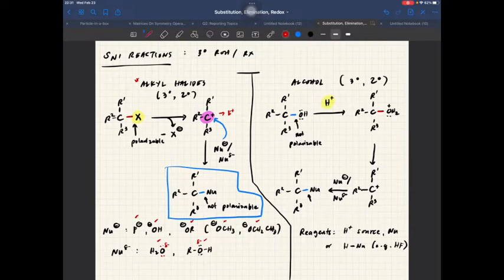After the reaction with an acid, we form water, which is a very good leaving group. Water leaves initially, forming a stable carbocation intermediate, which now serves as our electrophile. Finally, the nucleophile can attack the electrophile to form the final product.